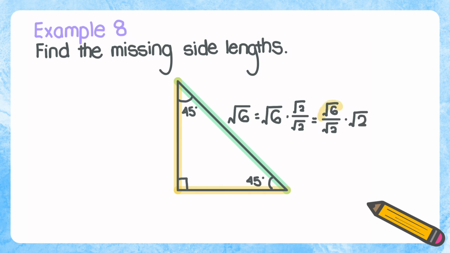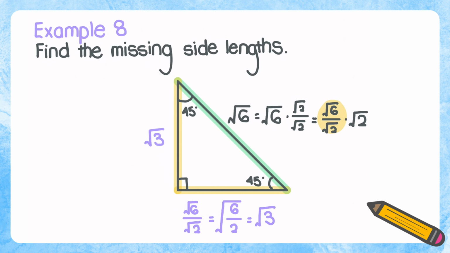And from here, I can easily spot the leg length. It's radical 6 over radical 2. Let me write that over here. But I can simplify this. That's the same thing as the radical of 6 over 2. 6 divided by 2 is simply 3. So the missing leg length is radical 3, and it's the same over here.